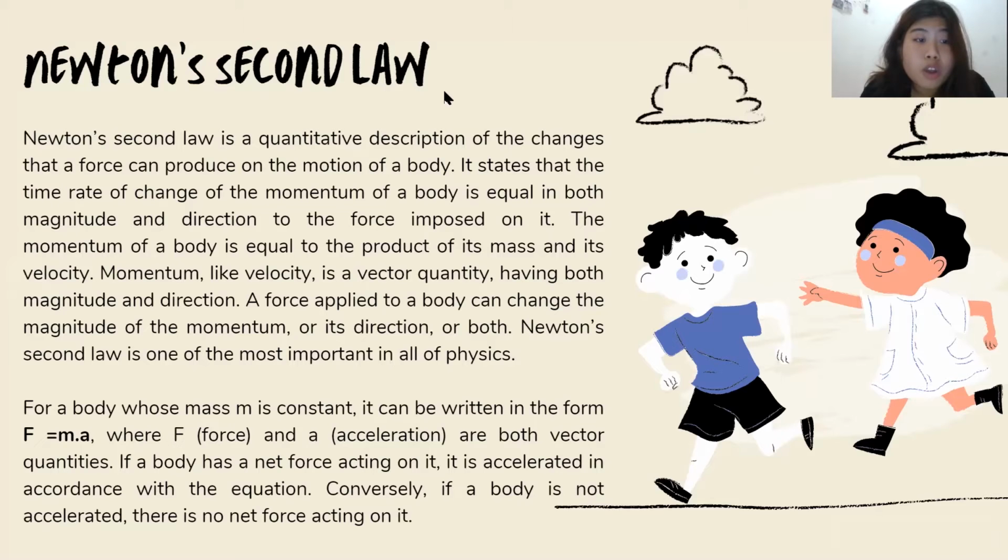The momentum of the body is equal to the product of its mass and its velocity. Momentum, like velocity, is a vector quantity having both magnitude and direction. A force applied to a body can change the magnitude of the momentum or its direction or both.